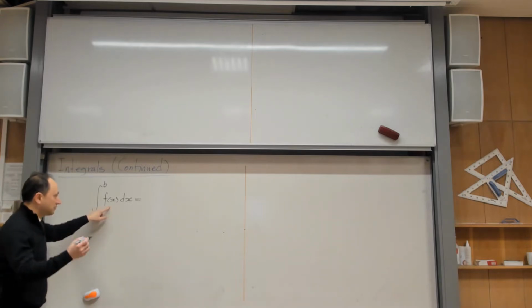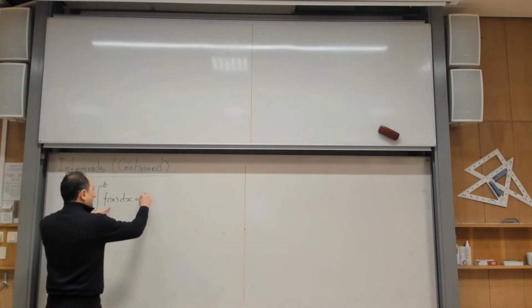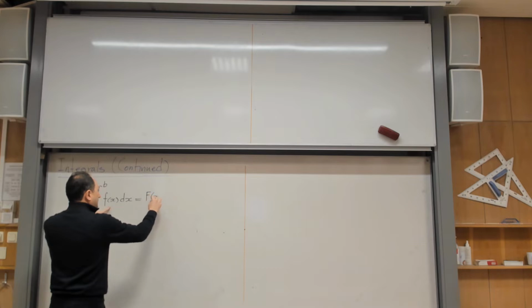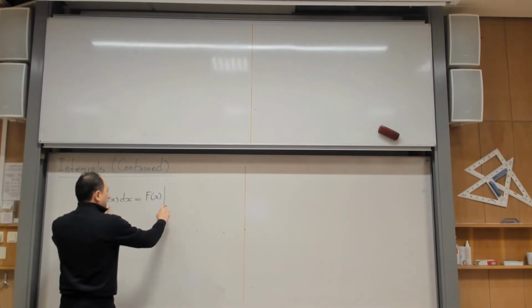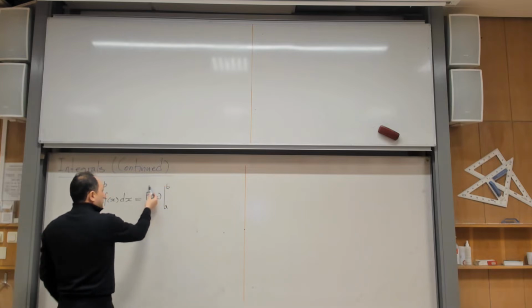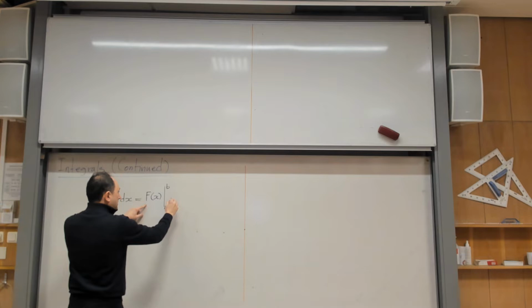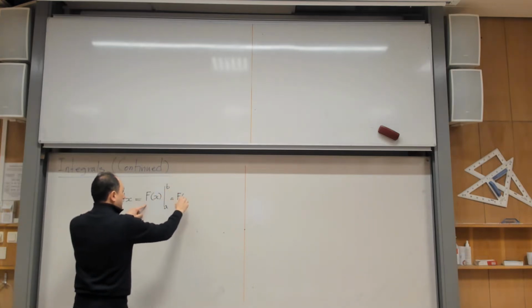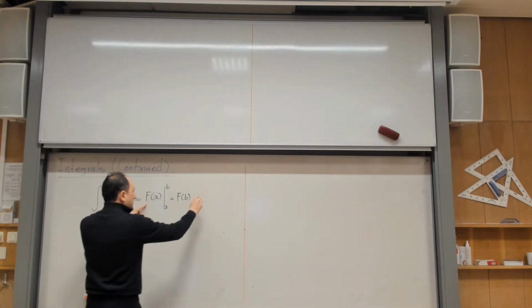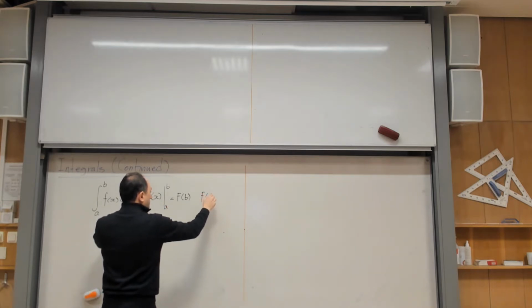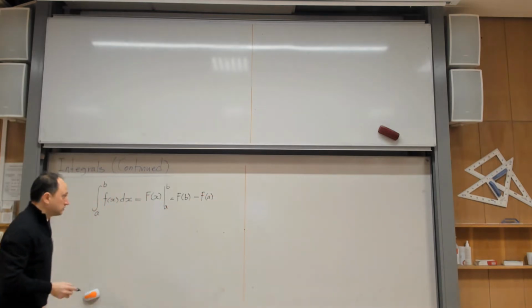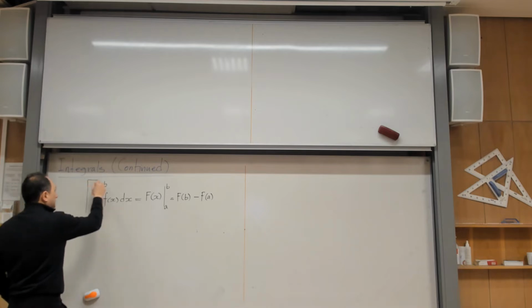So let us say that one is capital F. And then you write that capital F of x, and then you put this vertical line in front, and then write A to B. This is just a piece of notation. Whenever you see this, it means put this upper number instead of x, do the same thing with the lower bound, and subtract. Yes? So that is actually, in principle, important.